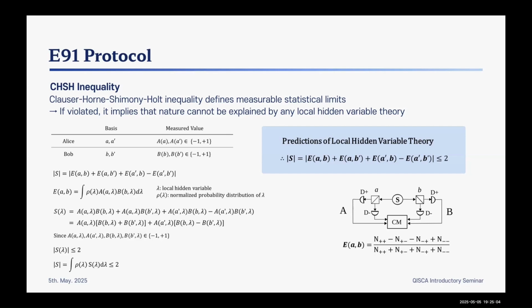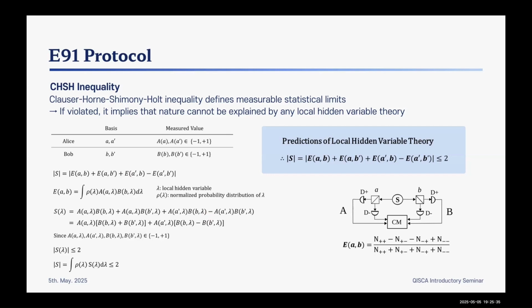The CHSH quantity, denoted S, is defined as S equals the absolute value of the expectation of A and B plus the expectation of A and B prime plus the expectation of A prime and B minus the expectation of A prime and B prime.